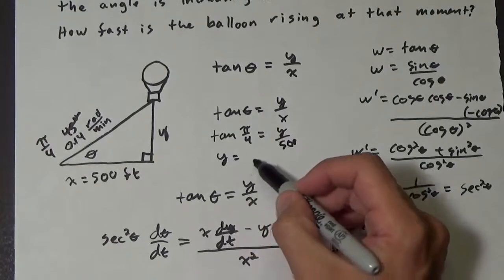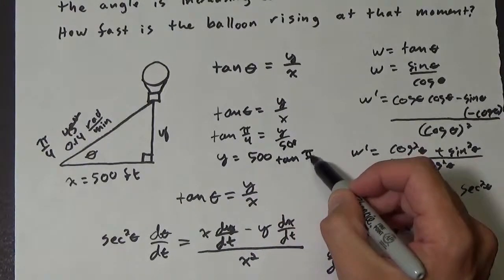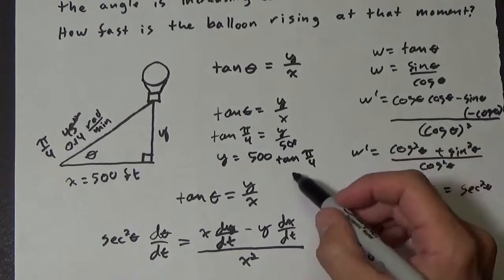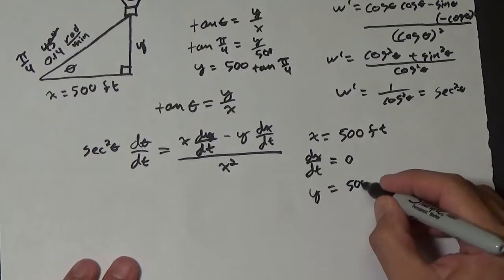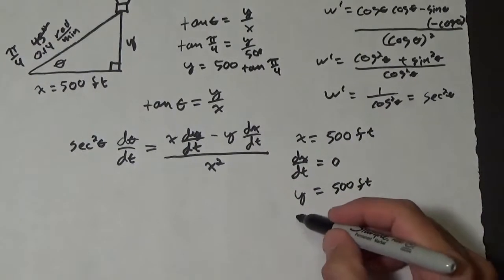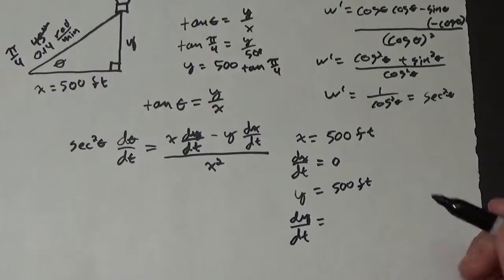So y is 500 times the tangent of pi over 4. And the tangent of pi over 4 is just 1. So we would get 500. Easy enough. dy/dt, that's what we're looking for.